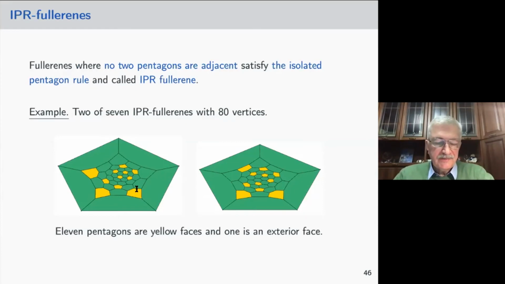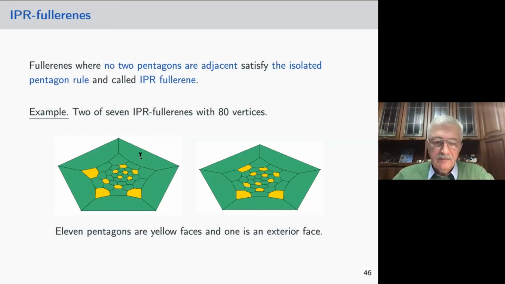You see there are 12 pentagons: one pentagon is the exterior region, and another 11 are the yellow pentagons on the left and on the right. Both graphs have the property that no 2 pentagons are adjacent. So people say that this fullerene satisfies the isolated pentagon rule, and they call them IPR fullerenes.